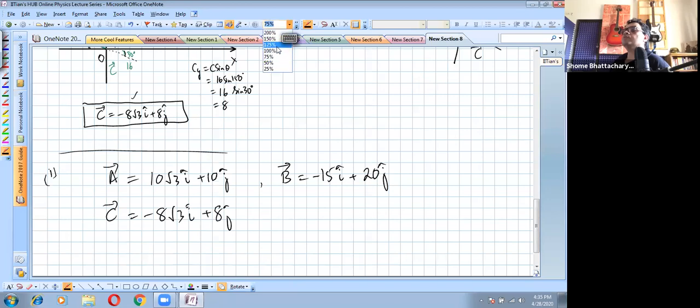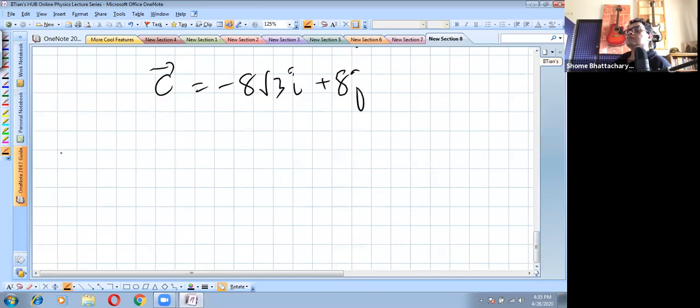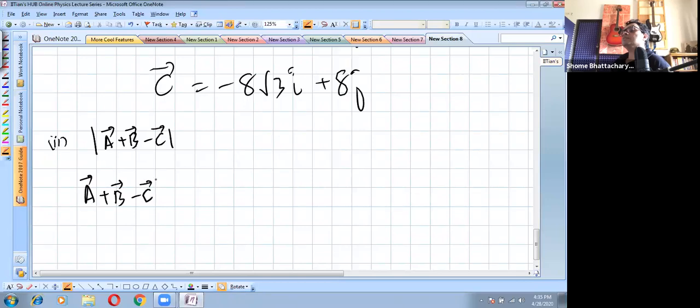So now let's come to the second part. Now in the second part, what we want to do is calculate this new vector. We want to calculate the magnitude of the vector A plus B minus C. So we can first just calculate the vector A plus B minus C. It will be just the same operation with the components.